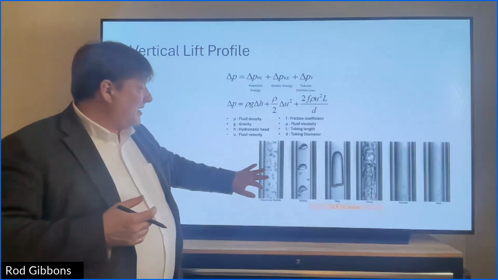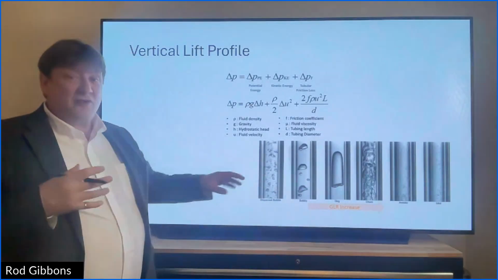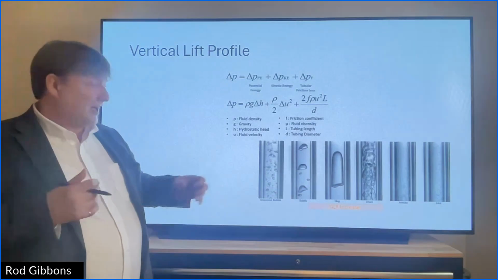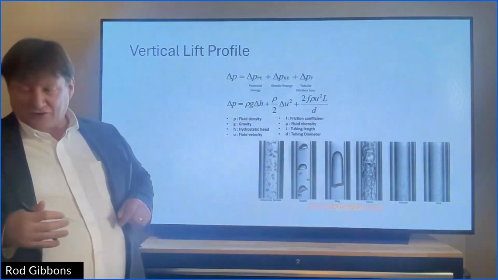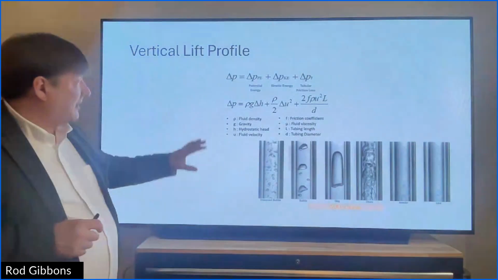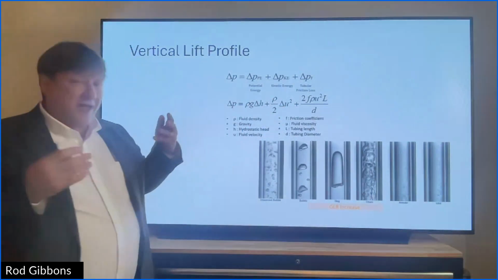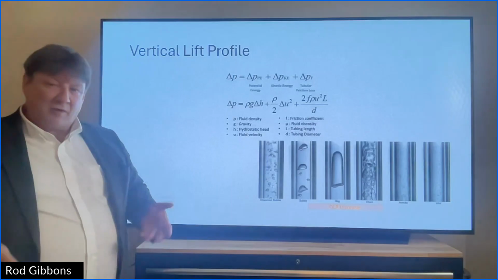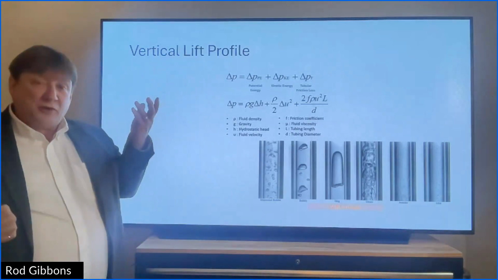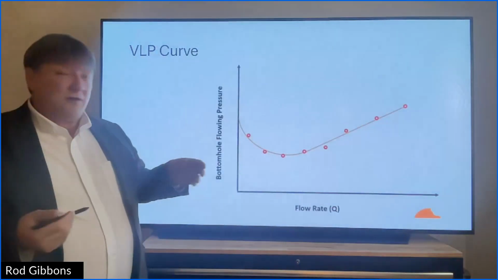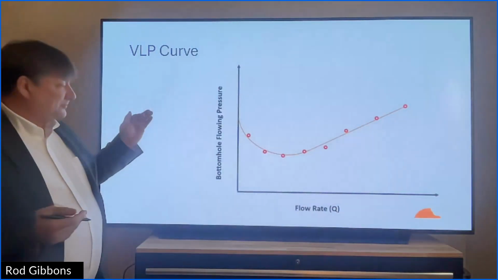And so that's why you try and size your completion so that it matches your inflow performance relationship. But from these three terms, of getting liquid from the bottom of the reservoir up your tubing, you end up with a vertical lift profile.